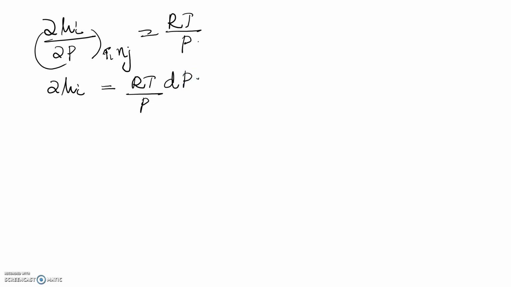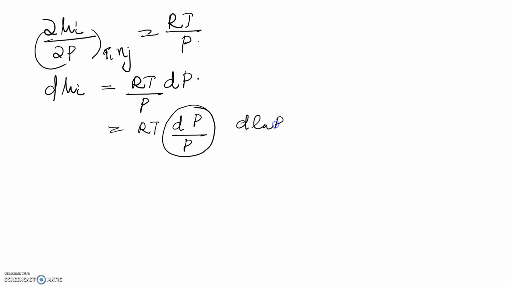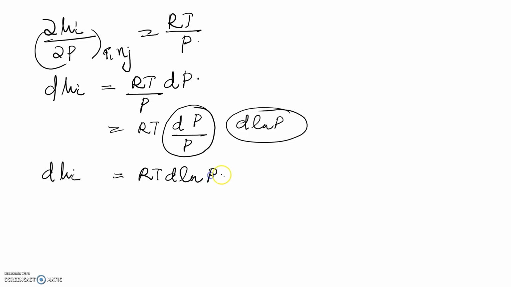When we cross multiply, the partial differential can be converted into the perfect differential. d mu i is equal to RT by P dP. This is RT into dP by P. What is dP by P? This can be written as d ln P. Therefore d mu i is equal to RT d ln P.